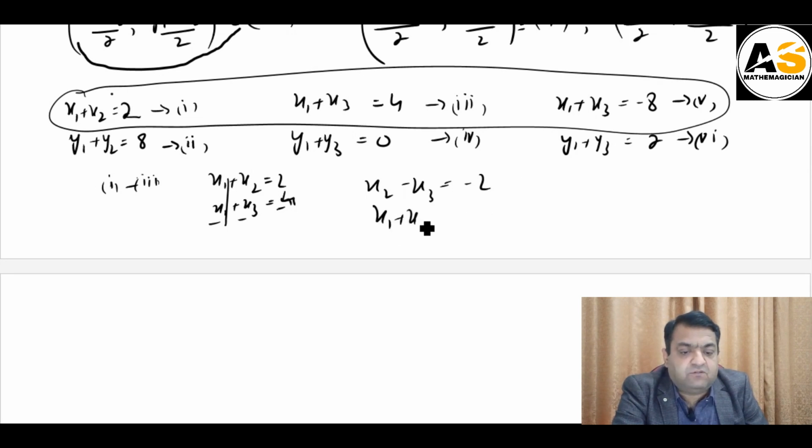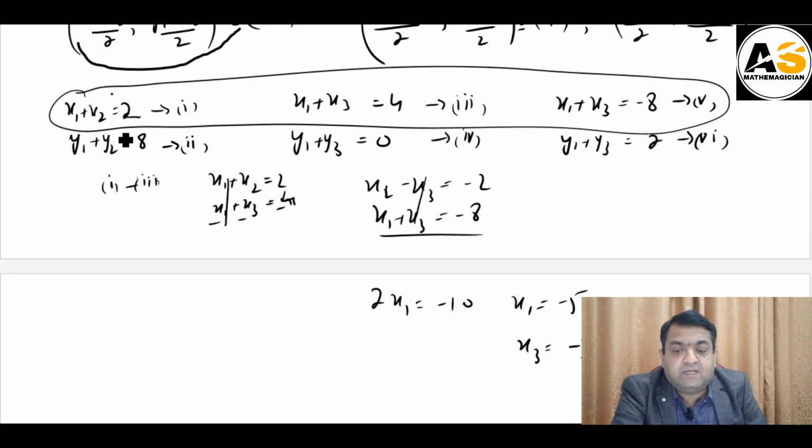And x2 plus x3 is equal to minus 8. Adding these two, 2x2 is equal to minus 10, x2 is equal to minus 5. Putting x2 over here, I will get x3 is equal to minus 3, and putting this over here, I will get x1 is equal to 7.